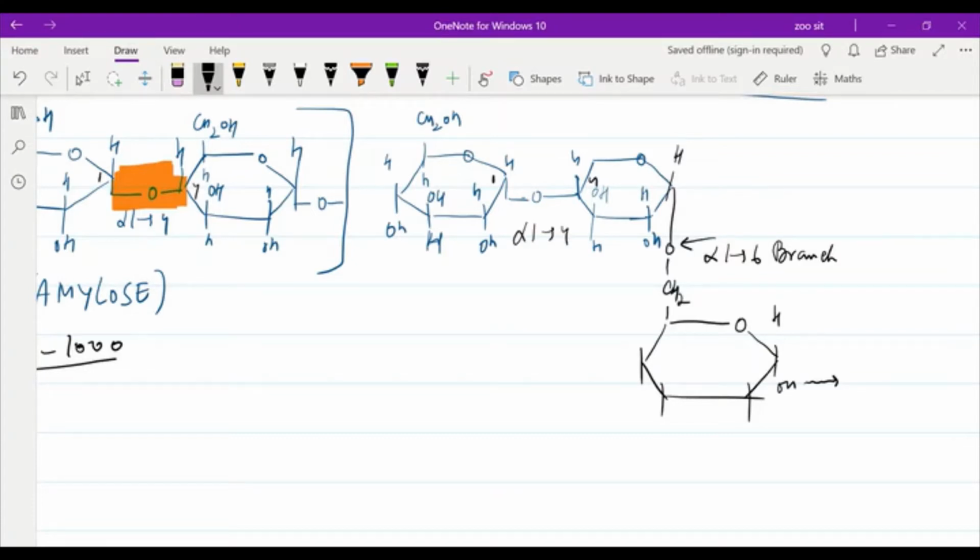Here you can say this is H, OH, OH, H, and this is again linked to a new linear chain.